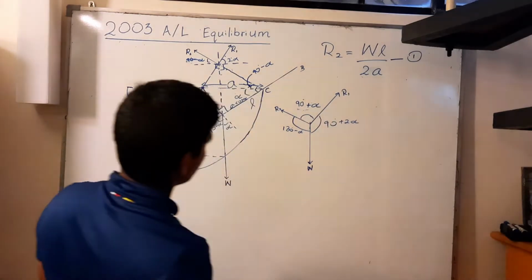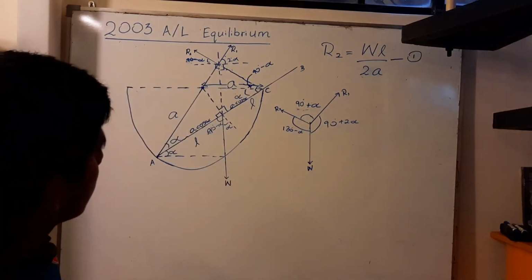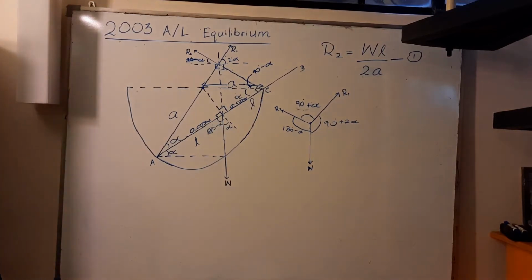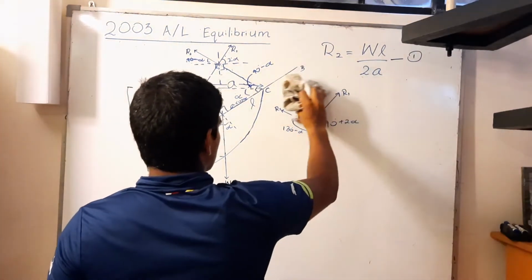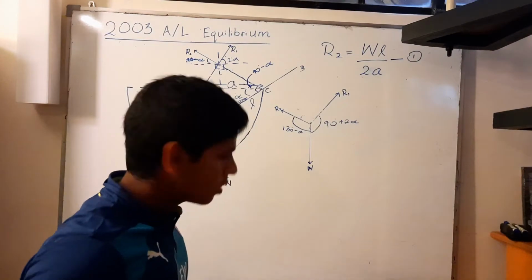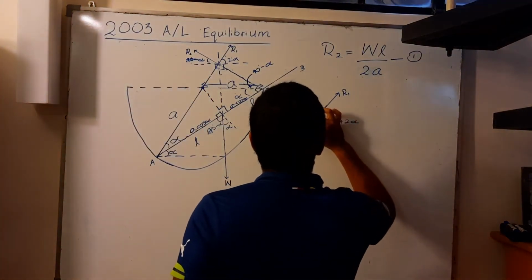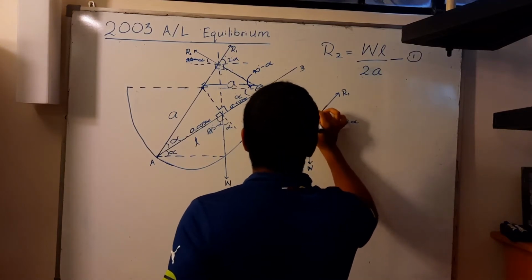Basically 90 degrees plus alpha, if I am not mistaken. Yeah, sorry, my bad. That is not 90 degrees plus alpha, it should be 90 degrees minus alpha.